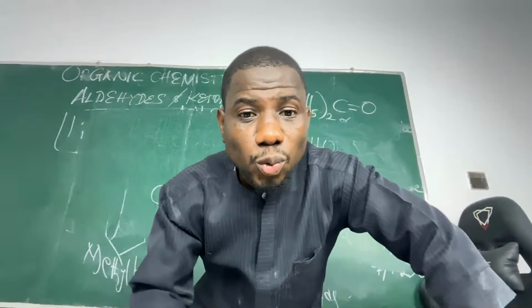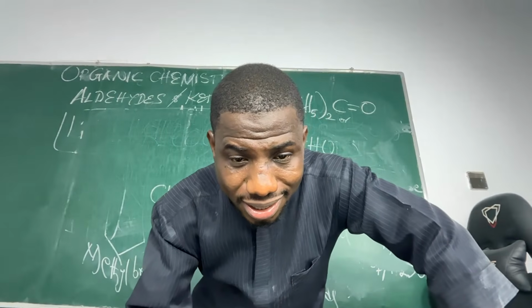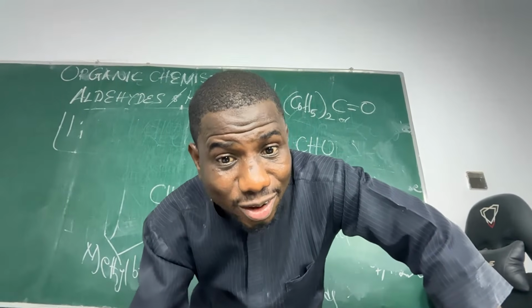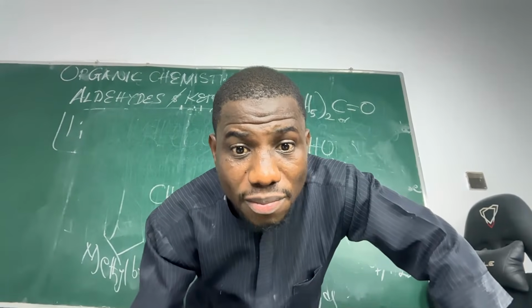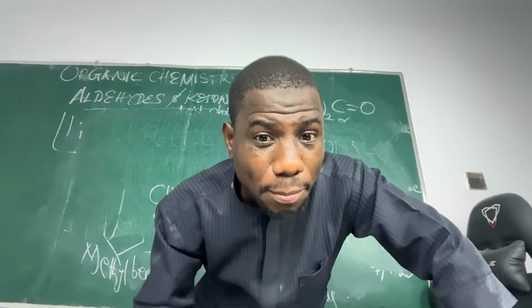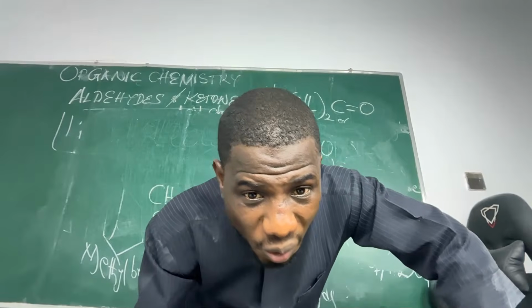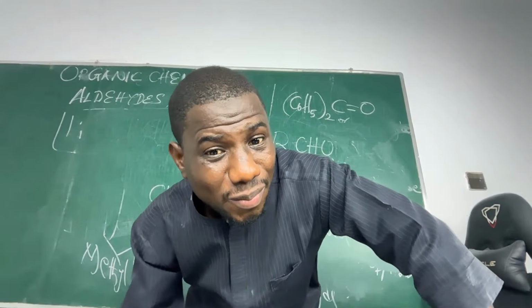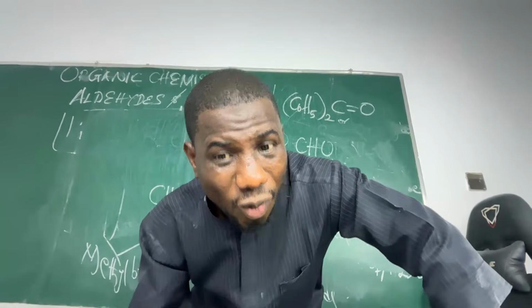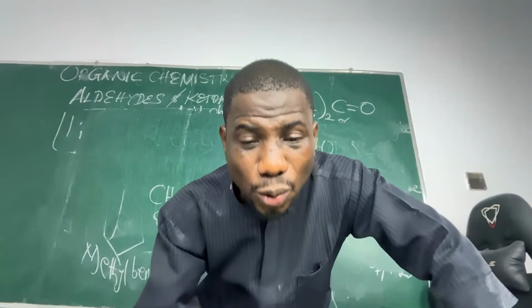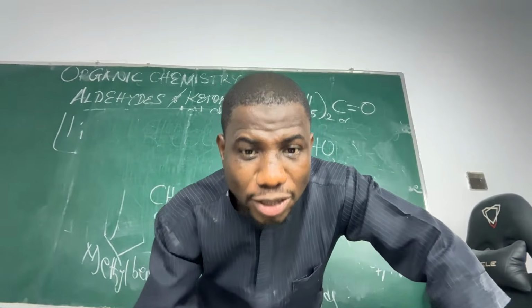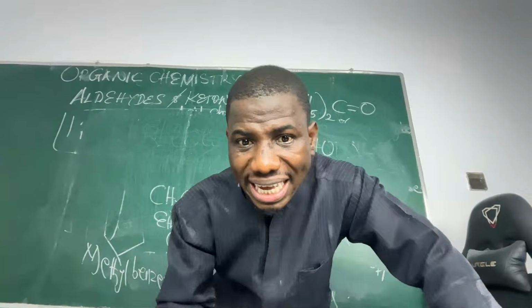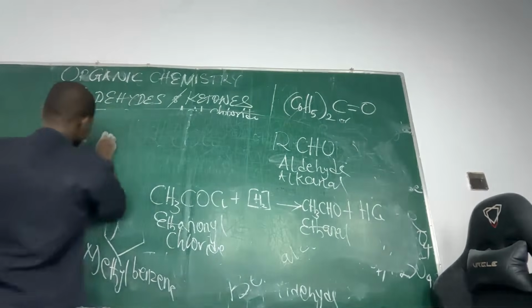But those that end with 1-ol, without saying anything, all of them are primary. Ethanol, butanol, propanol, all of them are primary. Secondary alkanols are the ones you use to prepare a ketone or alkanone. But use a primary to prepare what? Aldehyde.